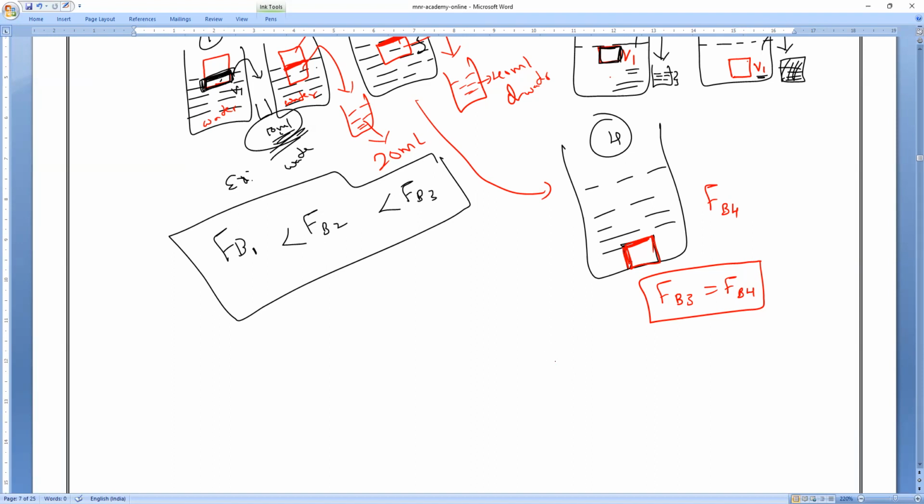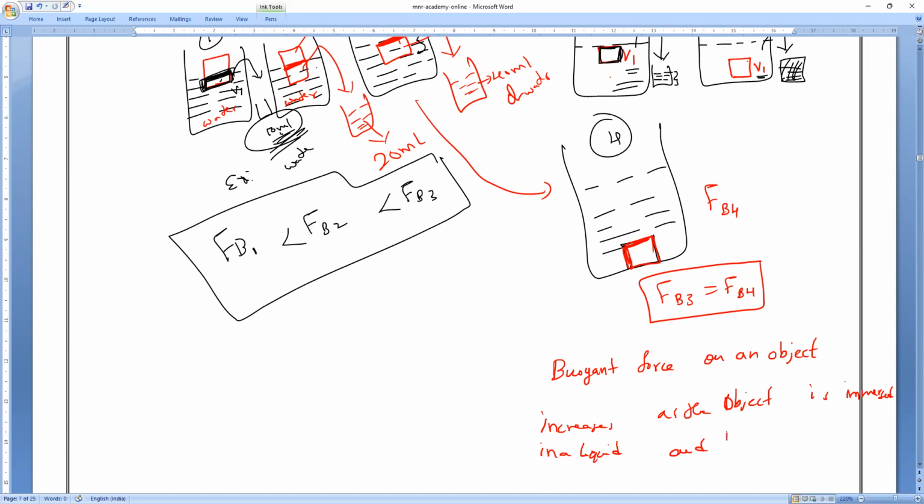Write the statement. Buoyant force on an object increases as the object is immersed in a liquid and becomes maximum.